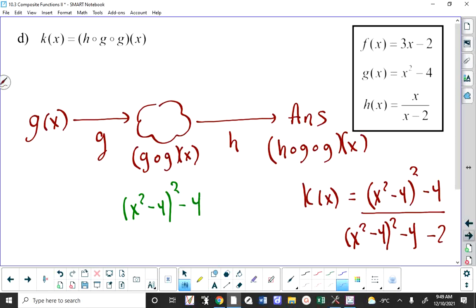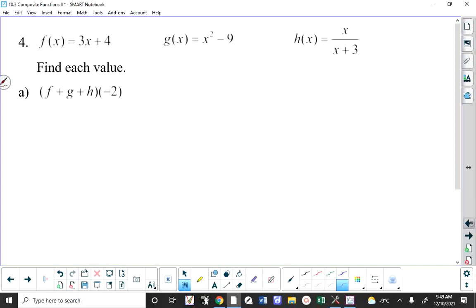I'm not going to waste the time to write minus 6. You can change that minus 4 minus 2 to minus 6. And again, I'm not too concerned about multiplying this out because then we're going to have to reteach polynomials all of a sudden at this point to find non-permissible values, and it's going to get a little ugly. Okay. All right, number 4. Oh, back to numbers. That's good.